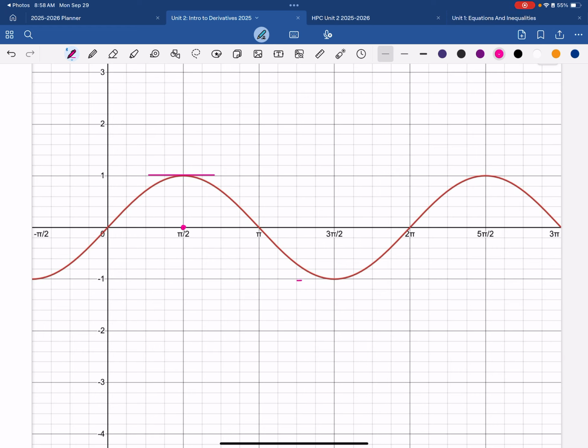I have a horizontal tangent line at 3 pi over 2 as well, which means, again, my derivative of sine x is 0 at that value. That happens again at 5 pi over 2. So we're seeing that this cyclic action that happens with trigonometric functions is also happening with its derivatives.